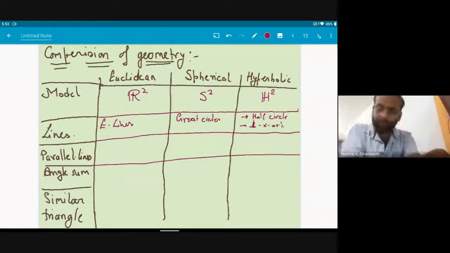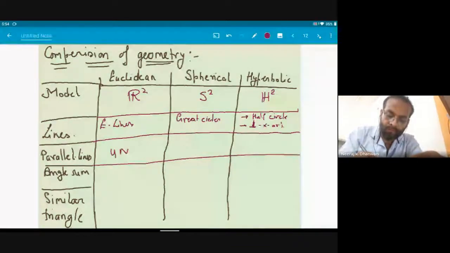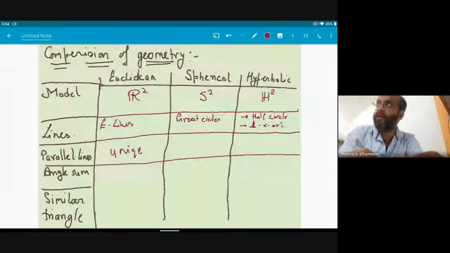Parallel lines. How many parallel lines can you draw? In Euclidean geometry, unique, when you have a given line and a point.